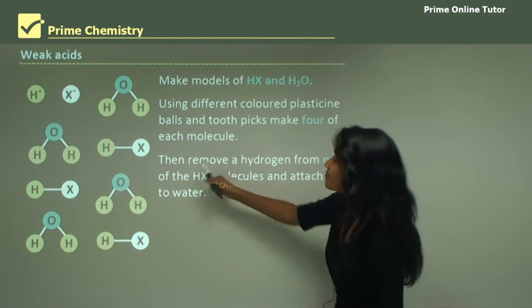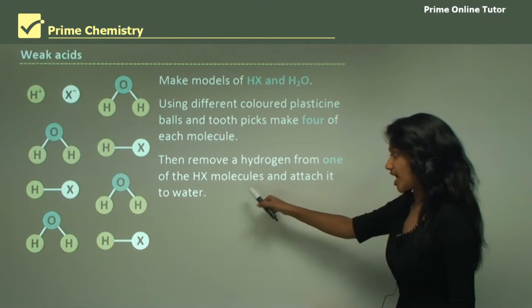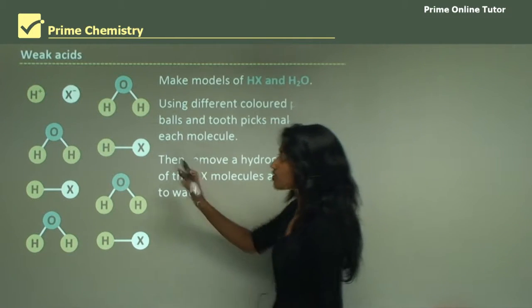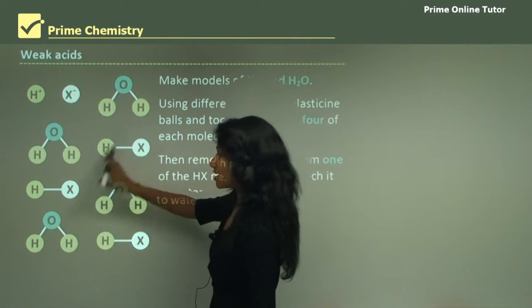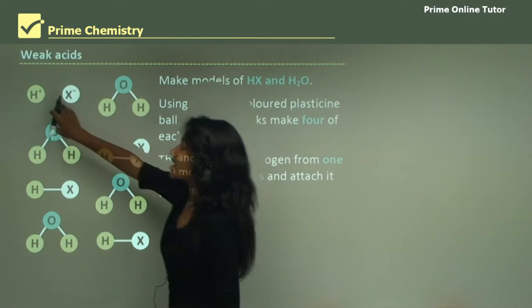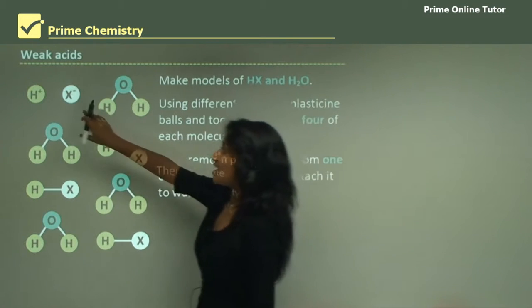Now remove a hydrogen from one of the HX molecules and attach it to water. In this case, we're not doing it for all 4 of the acid molecules. We're only doing it for one of them, so we're only taking out one toothpick, from only one acid molecule.